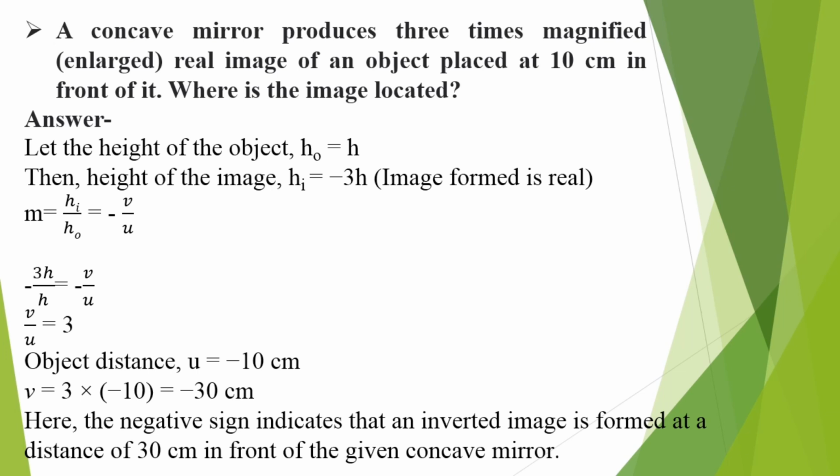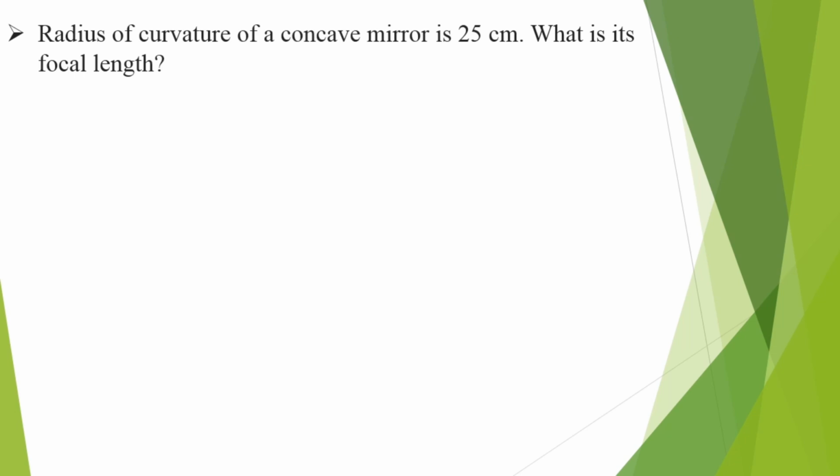So by substituting the value, we will get v is equal to 3 into minus 10 is equal to minus 30 centimeter. Here the negative sign indicates that an inverted image is formed at a distance of 30 centimeter in front of the given concave mirror.